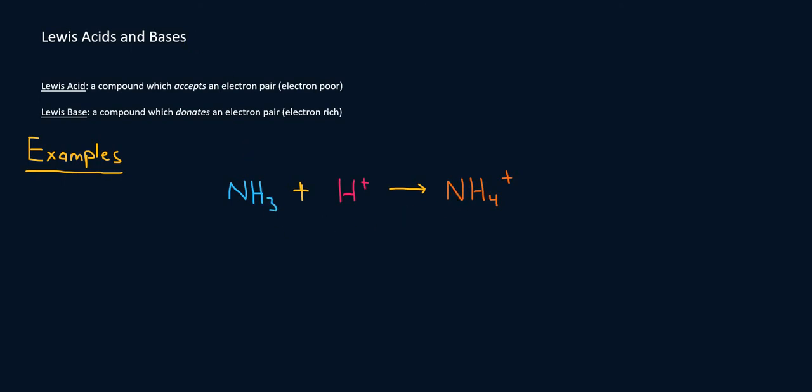So what you'll see here is we have the NH3, which we know is going to act as a Lewis base because of the lone pair on the nitrogen, and the H plus is going to act as a Lewis acid since it's that positively charged ion. So it might actually help to draw out the Lewis structure of NH3 at least, to see what's actually occurring in this reaction.